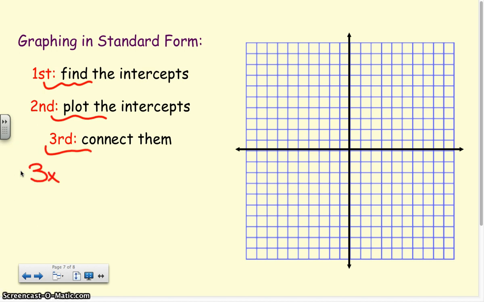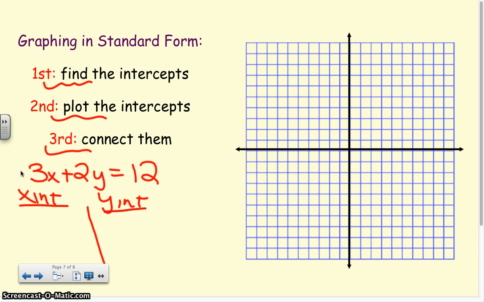Example. If I had this written in standard form, some of you may right away want to get y alone. That's okay. Everything is an effective way to represent a line. But another quick way to do it, if you don't want to get y alone, is find the intercepts. The x-intercept is when y is equal to 0, so it cancels out the y term.